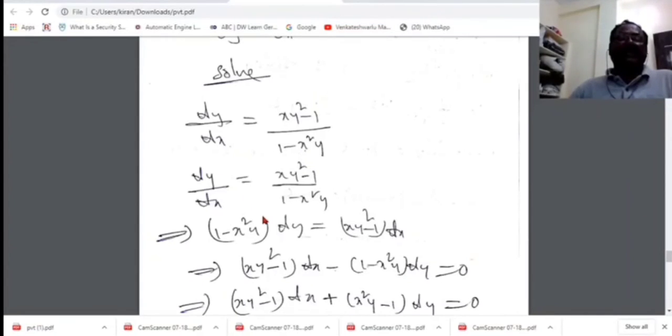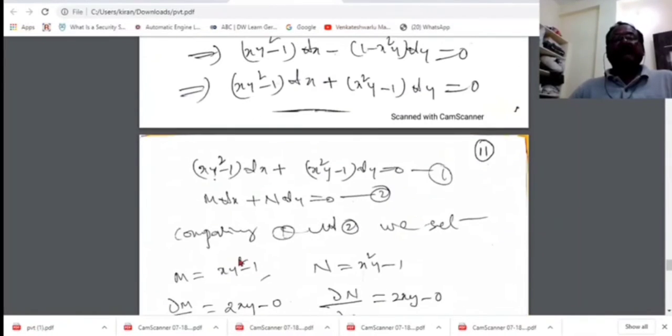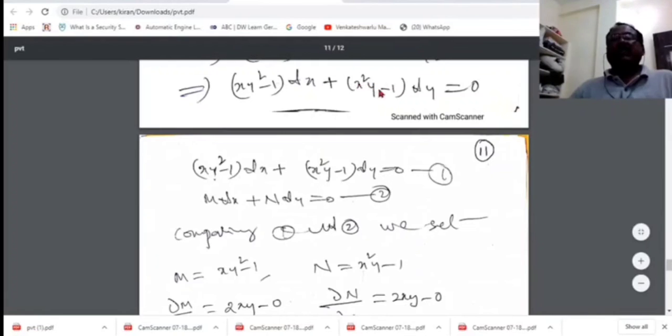After simplification, (1 minus x²y) dy is equal to (xy² minus 1) dx. That implies (xy² minus 1) dx plus (x²y minus 1) dy is equal to 0. That is equation number 1.